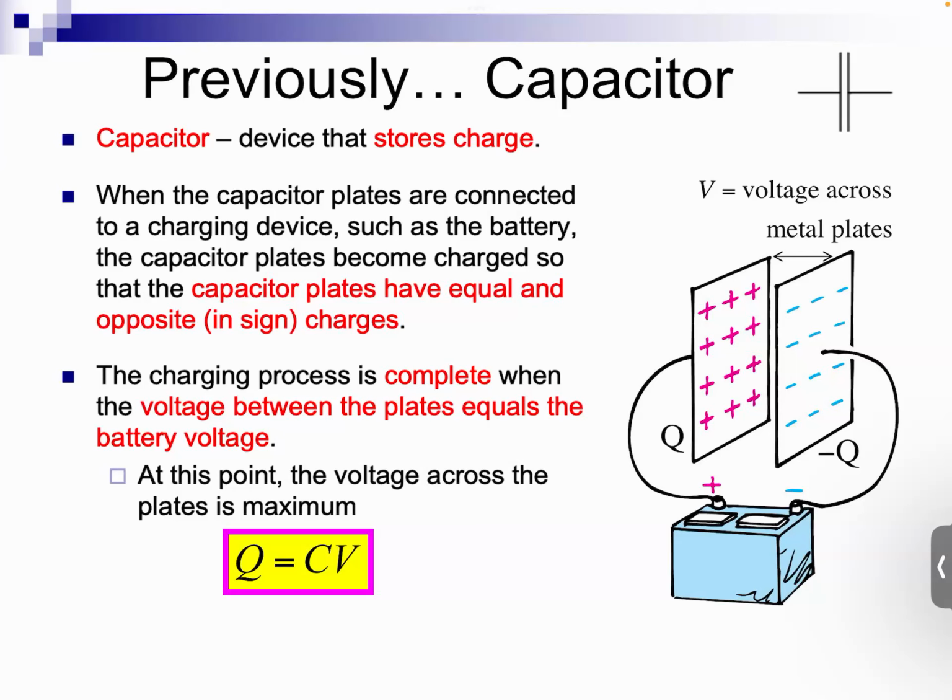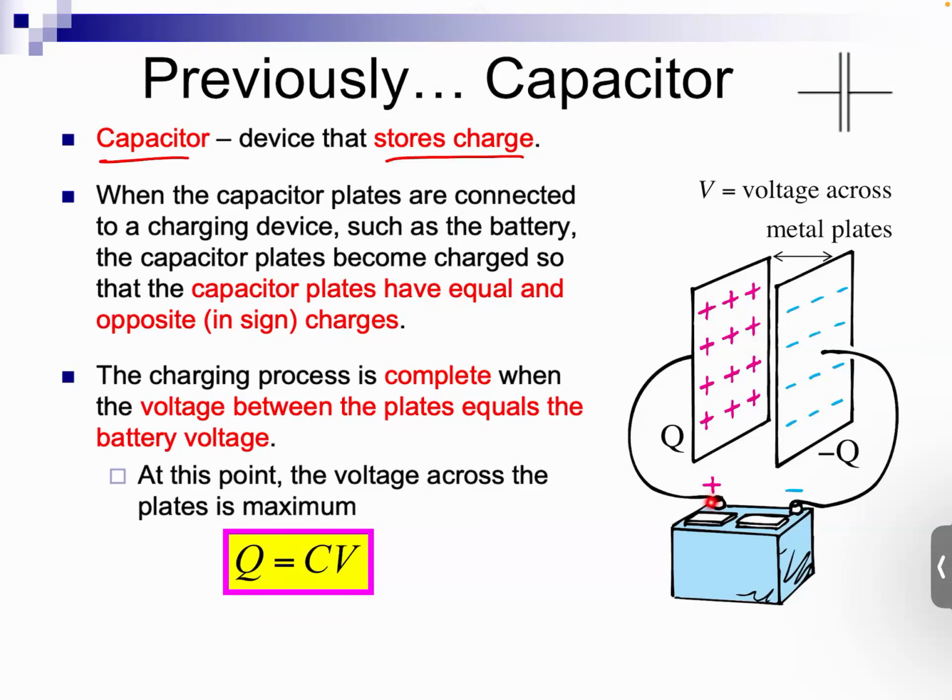When we learned about the capacitor, we saw this illustration. It consists of two conducting plates, and those plates carry opposite signs of charges. One plate is positively charged, the other plate is negatively charged. And we learned that the capacitor stores charge.